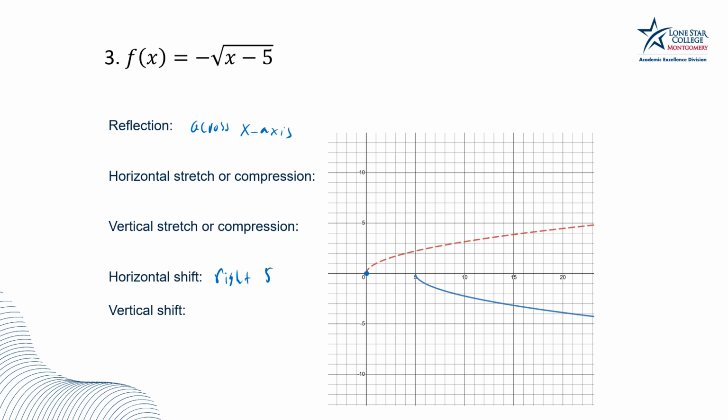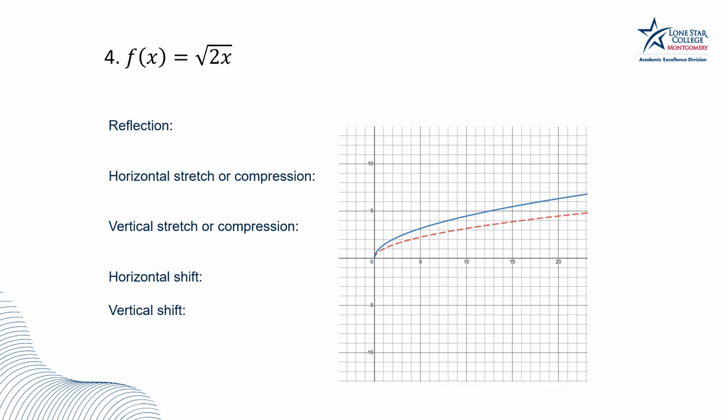So this anchor point is being moved to the right 5 units, and it ends up right here. And then because it's a reflection across the x-axis, instead of curving upwards to the right, it's curving downward to the right. So it's being flipped down over across this x-axis here.